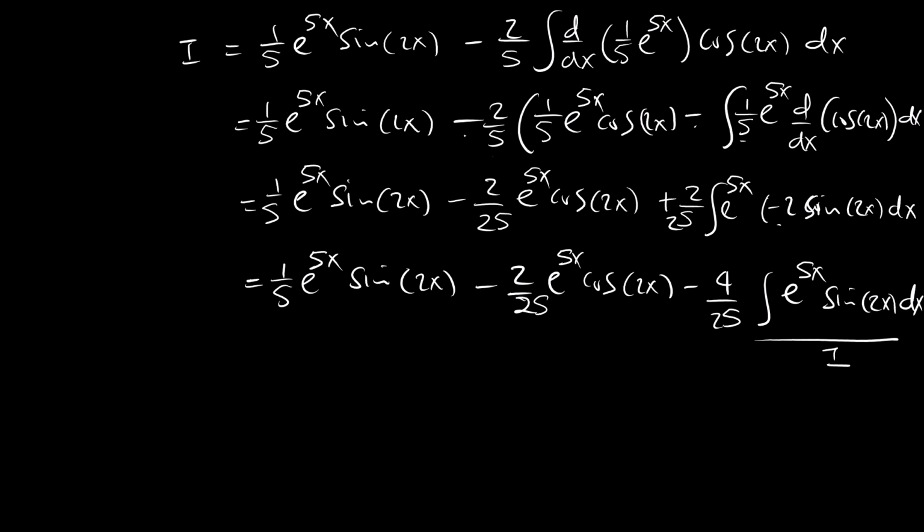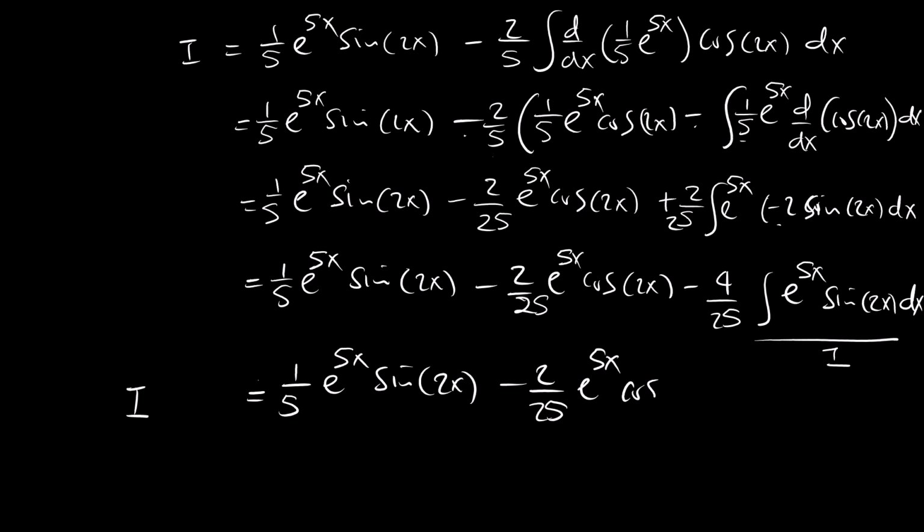So we have a situation where we have I on the left hand side, 1 over 5 e to the power 5x sine of 2x minus 2 over 25 e to the power 5x cosine of 2x rather, minus 4 over 25 I rather.